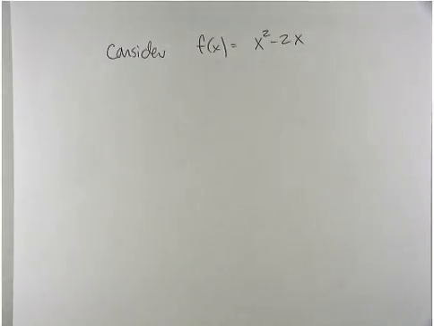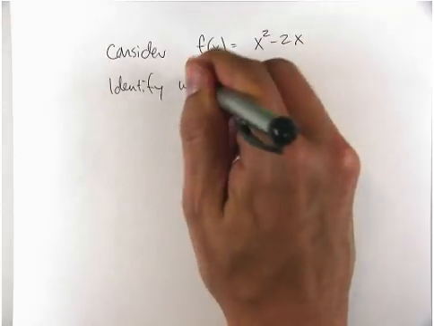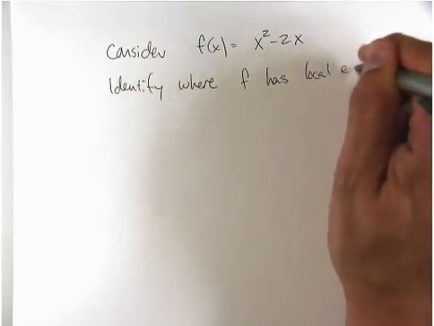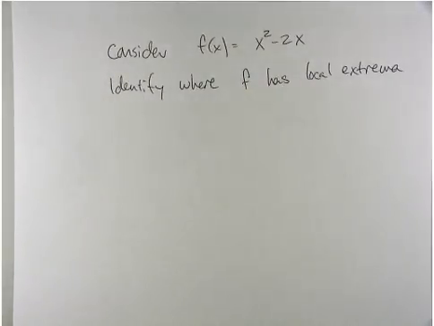Let's consider the function x squared minus 2x. Let's say that we're interested in identifying where that function has local extrema.